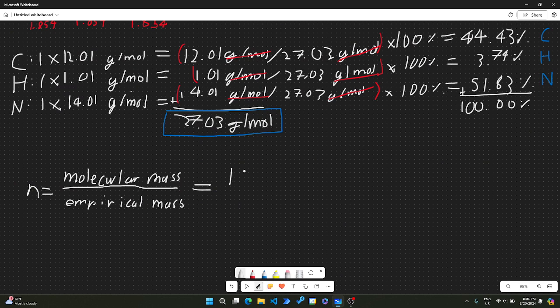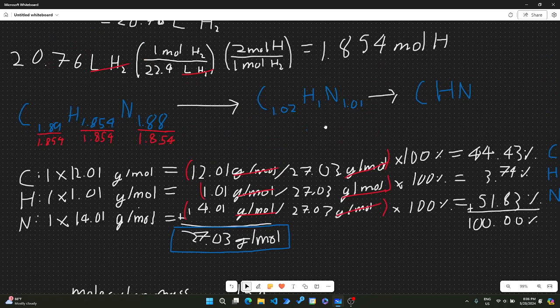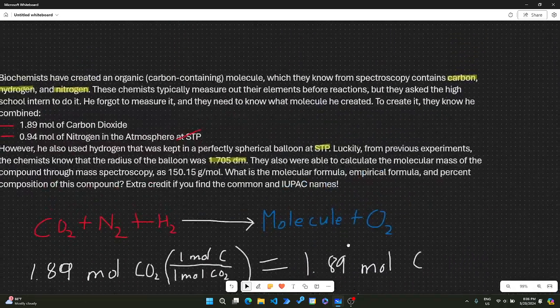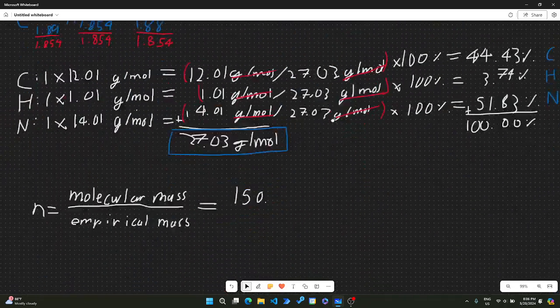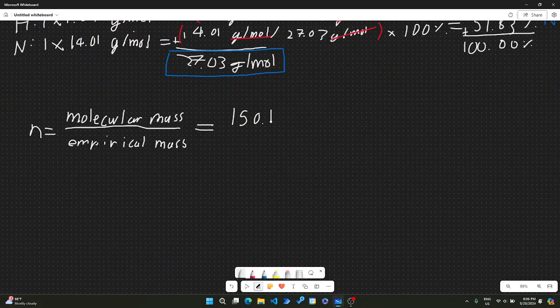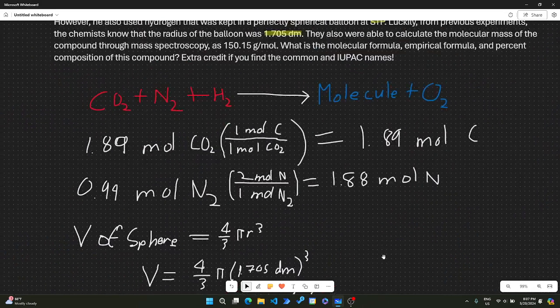So 150.15 over our mass here, 27.03. If we do that, the molecular mass up there was actually right.